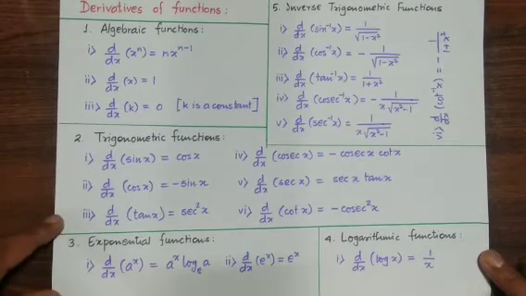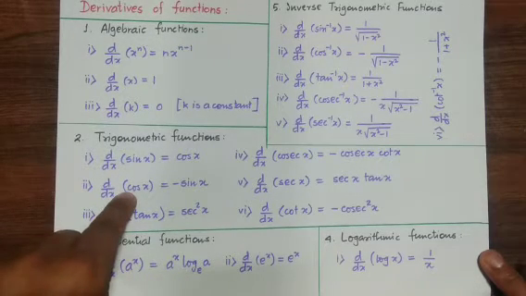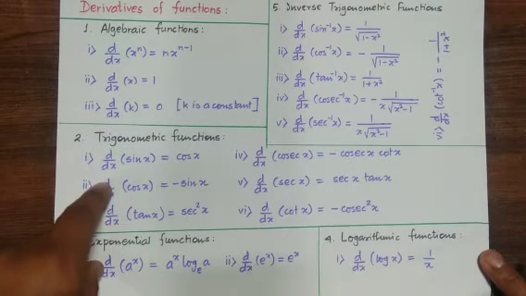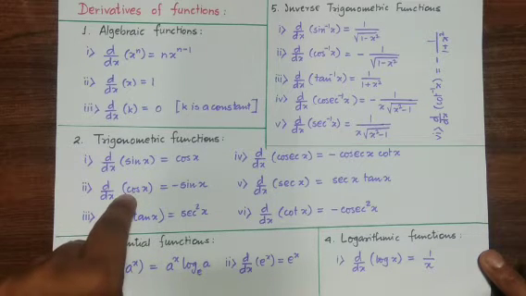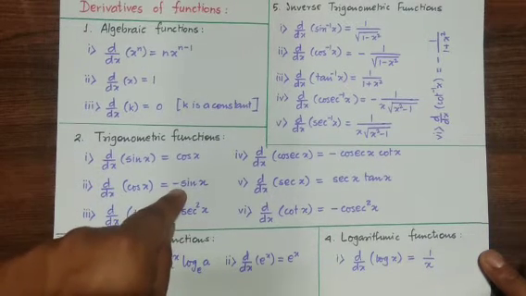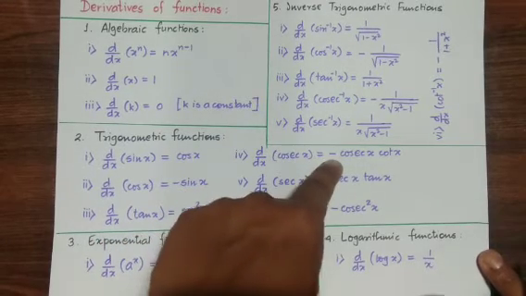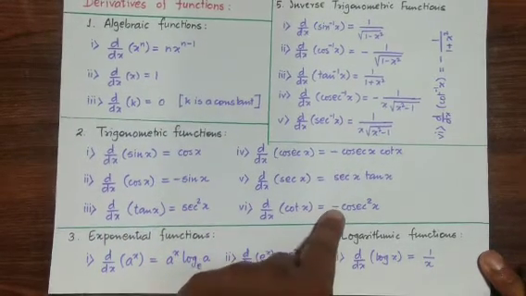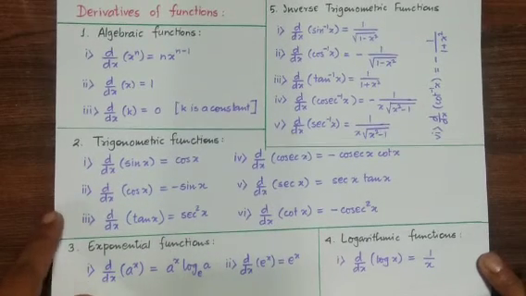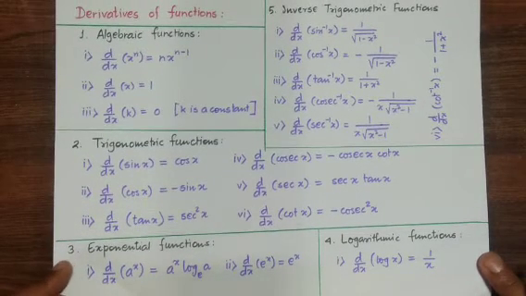One thing to note is that wherever the function starts with c, for example d by dx of cos x, your answer will have a negative sign. Similarly for cosec, here we have a negative sign, here we have cot, and here also we have negative.